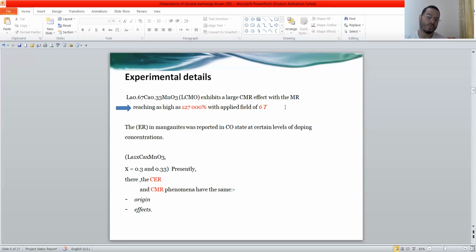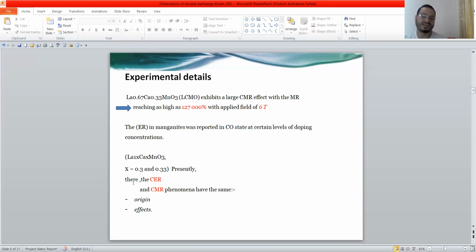Here, when we say X equals 0.3 until 0.33, the colossal electrical resistance and colossal magnetic resistance phenomena have the same origin and effects. That means this critical result is at X equal 0.3 and 0.33.